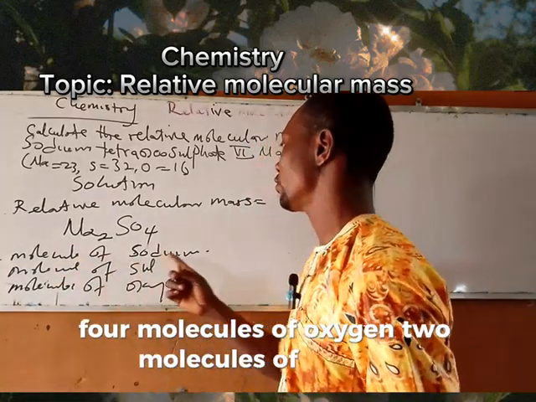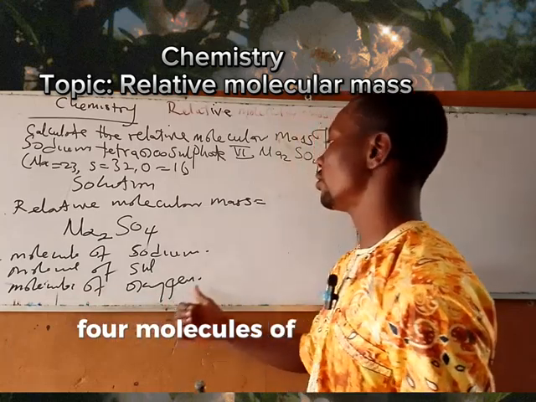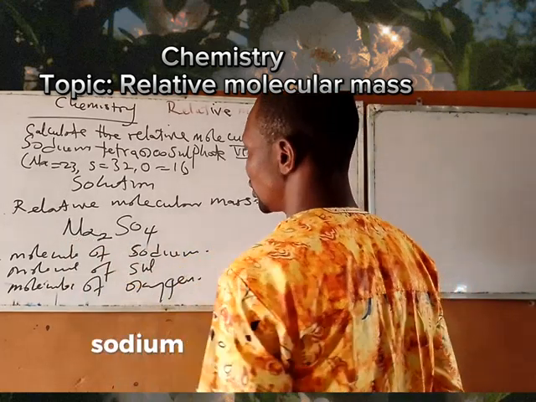Two atoms of sodium, one of sulfur, and four of oxygen make sodium tetraoxosulfate(VI).